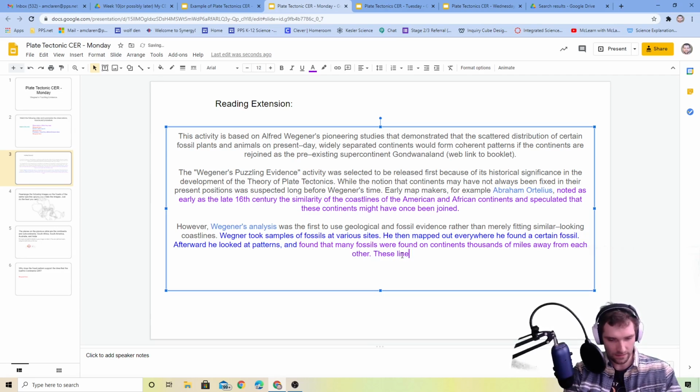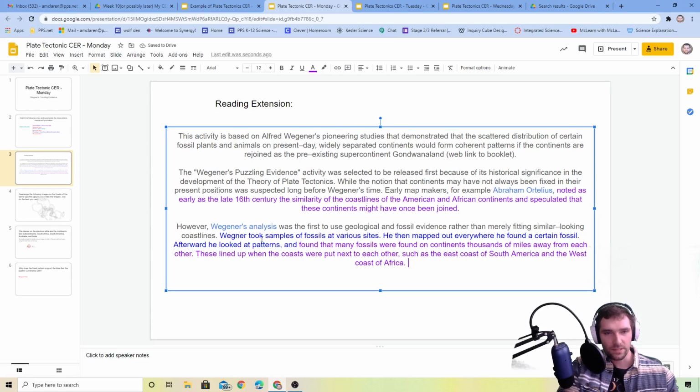These lined up when the coasts were put next to each other, such as the east coast of South America and the west coast of Africa.